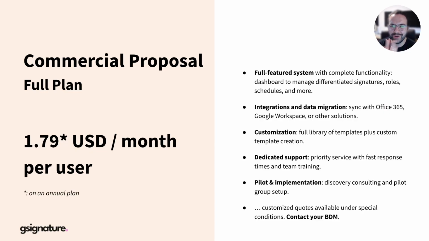So we are renaming it to full plan. It is priced at a flat rate of $1.79 per user per month, and that's it. No base fee, no hidden costs, just that simple per user price, and that's all.